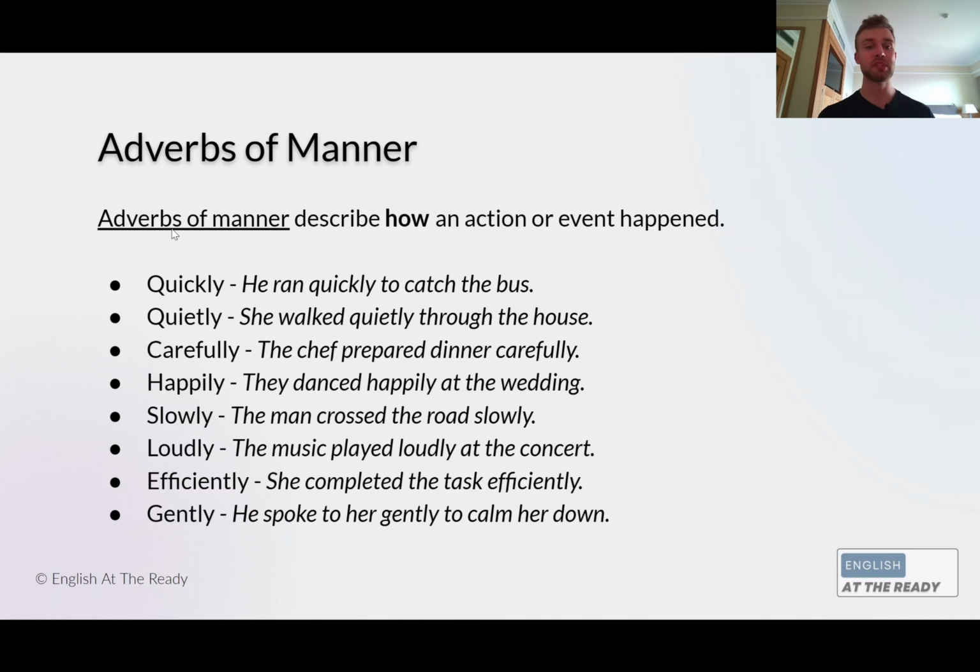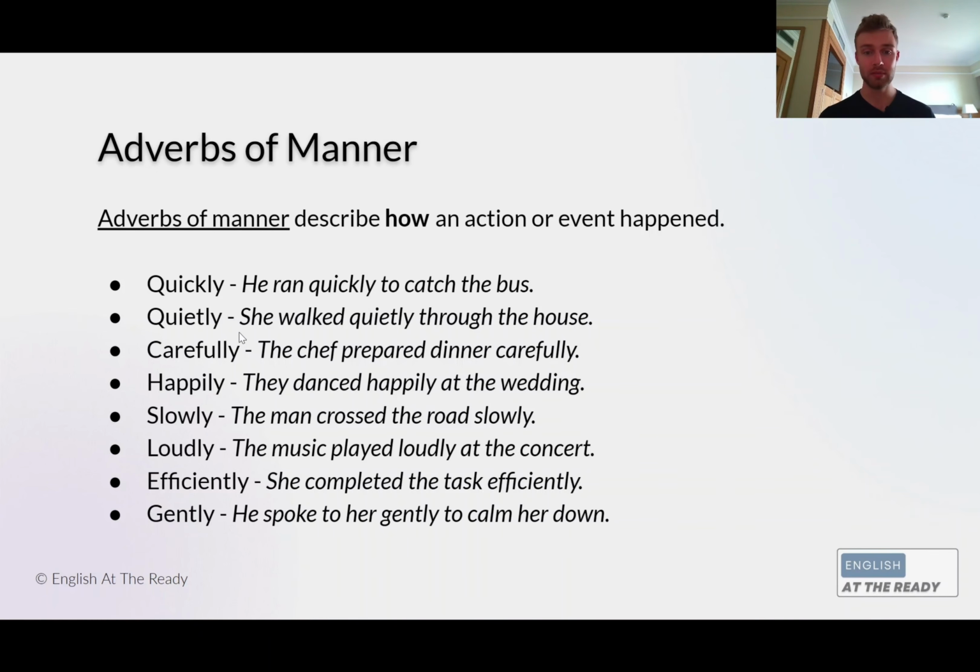Now, adverbs of manner describe how an action or event happened. Very important, this word here, how. So in what manner, in what way, how. For example, quickly, he ran quickly to catch the bus. So how he ran quickly.